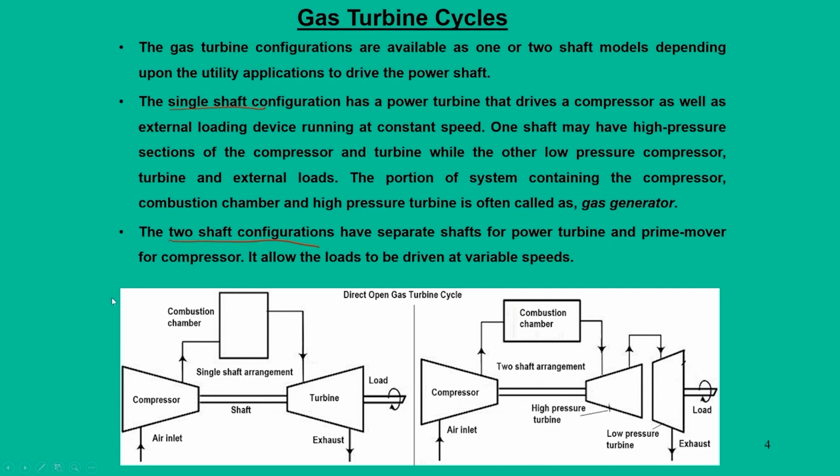Normally, if you look at a gas turbine unit, there are four basic components. One is the compressor, second is the turbine, third is the combustion chamber, and fourth is the shaft. Air enters the compressor at state 1, and normally it is atmospheric air. After compression it enters the combustion chamber at state 2, and in this combustion chamber we add fuel.